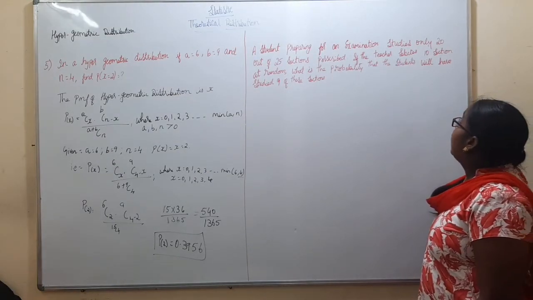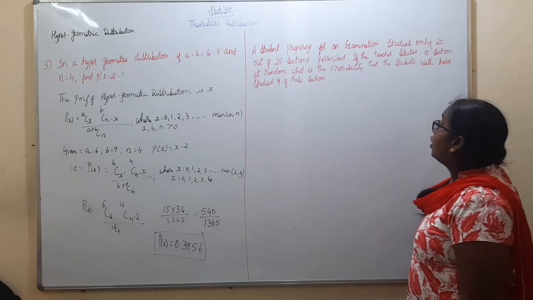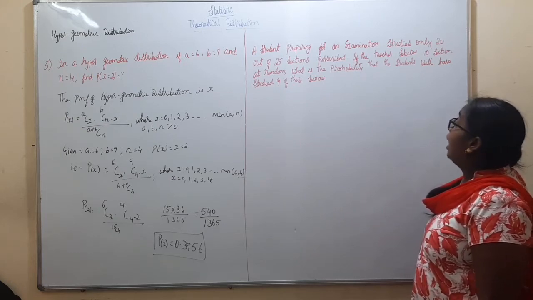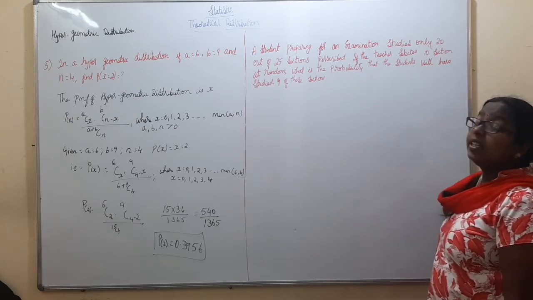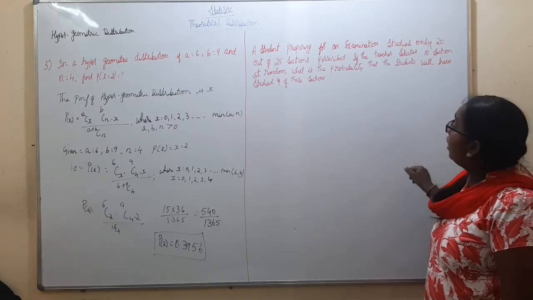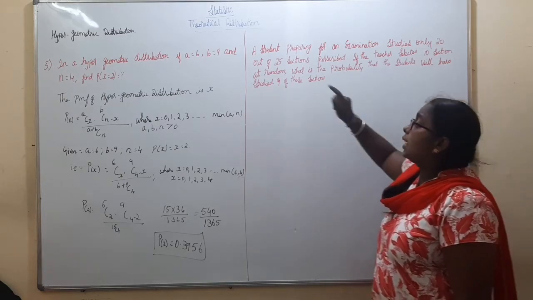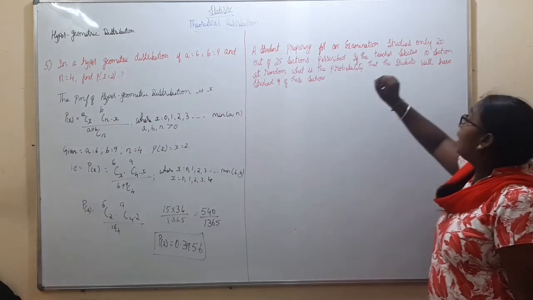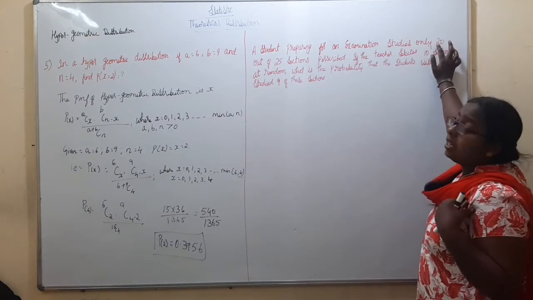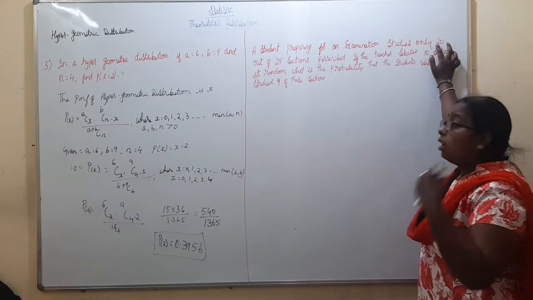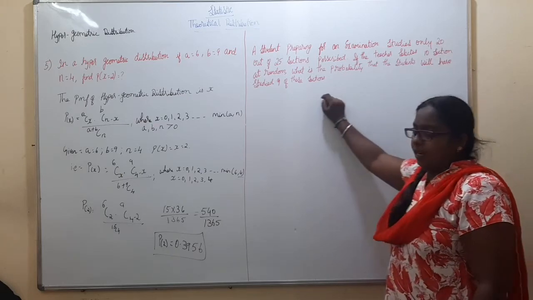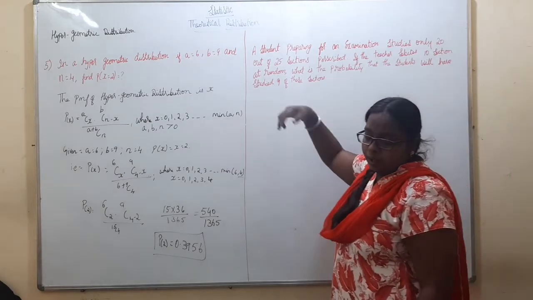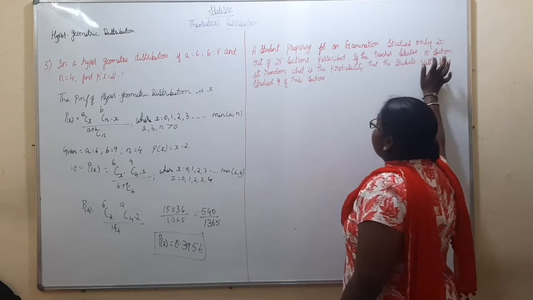If the teacher selects 10 classes at random, what is the probability that the student will have studied 9 of these sections? So the total classes is A plus B, then we take 20, what the student has studied, as A. N is given as 10 here.